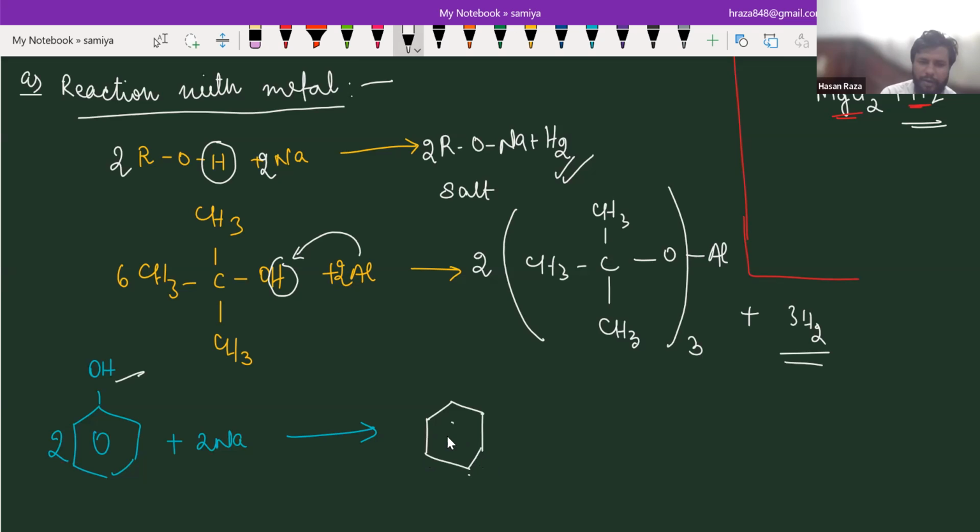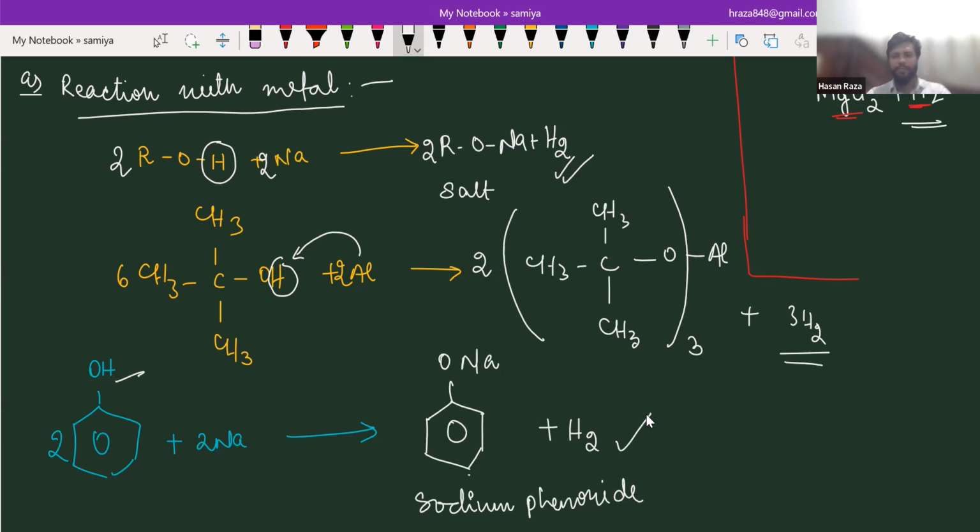Then you will get this ONa. This is known as sodium phenoxide. And there will be evolution of hydrogen gas, H2. So in this way, we did this reaction.